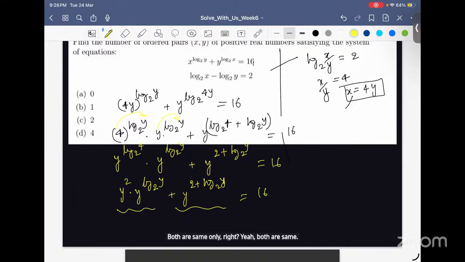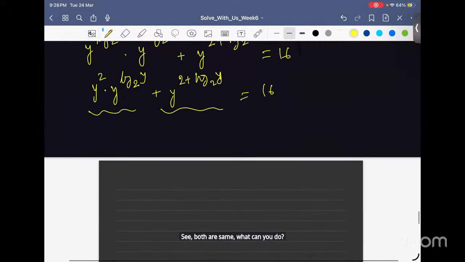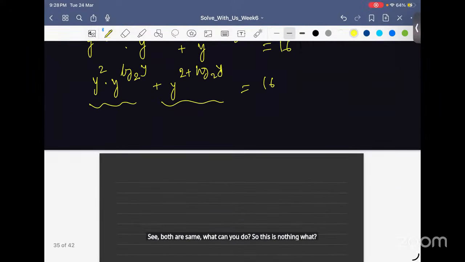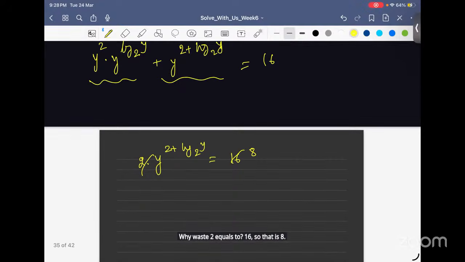So this is nothing but y to the power 2 plus log of y base 2 equals 16. Correct? Yes, sir.